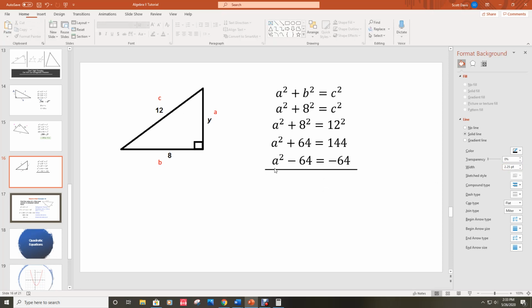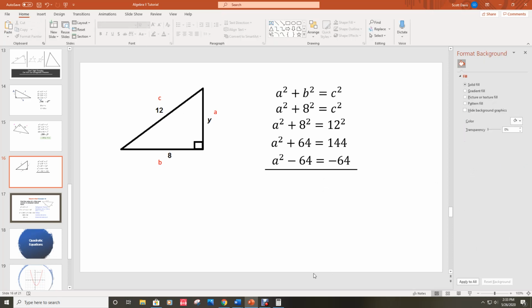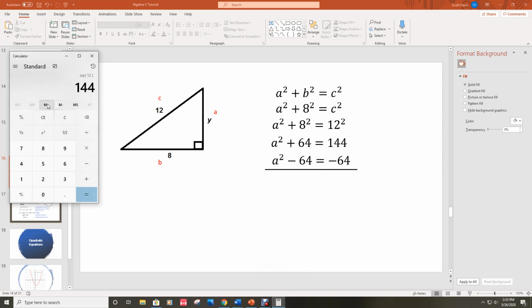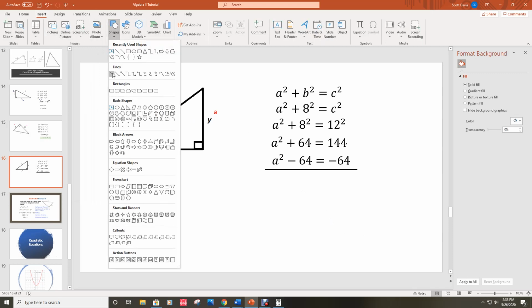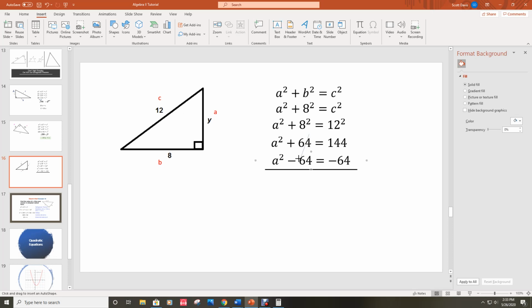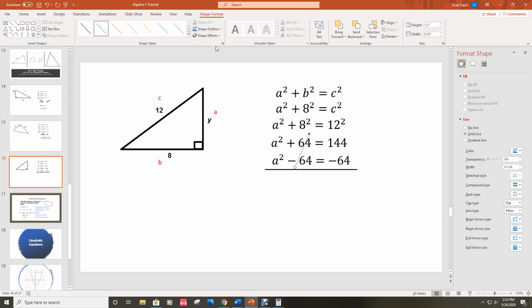This will cancel out because 64 minus 64 equals 0, right? So those will cancel out. Let's go ahead and draw a line through them so we know they canceled out. Let's make you red so we know you're canceled. Okay.